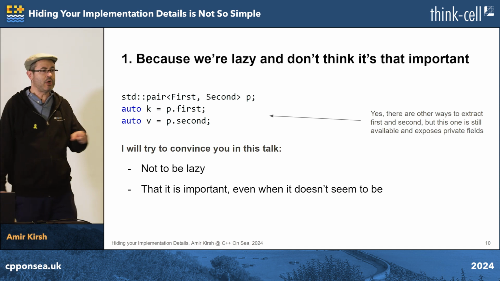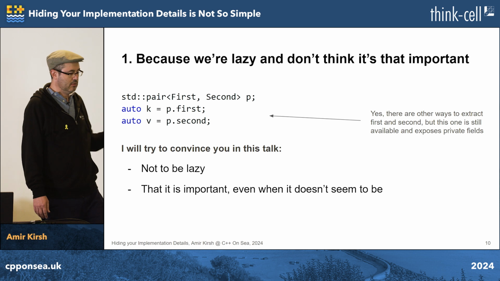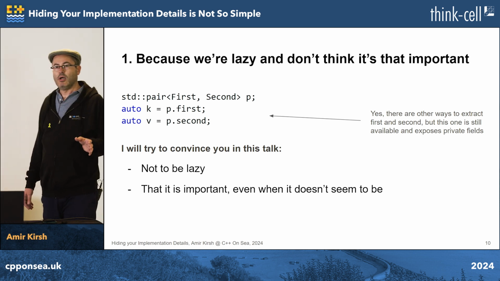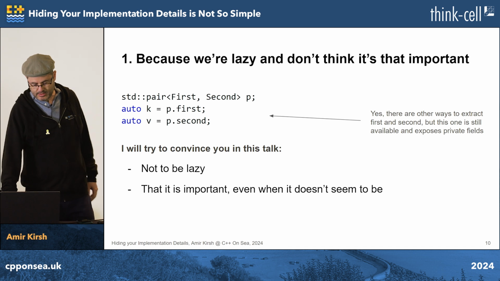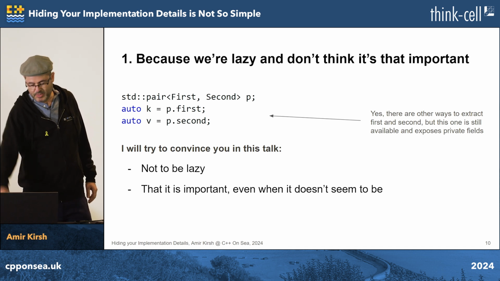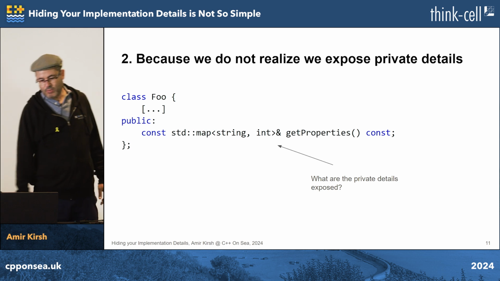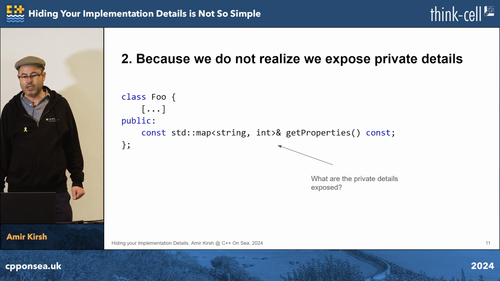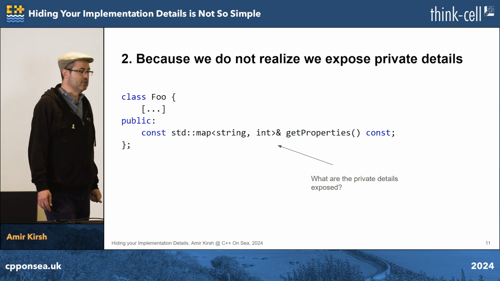Do you see a problem with pair exposing two public members? I will tell you why I think it is a problem, even though it seems not to be, but it might be. Because in some cases, we do not realize that we actually expose private details. We have a function that returns something.